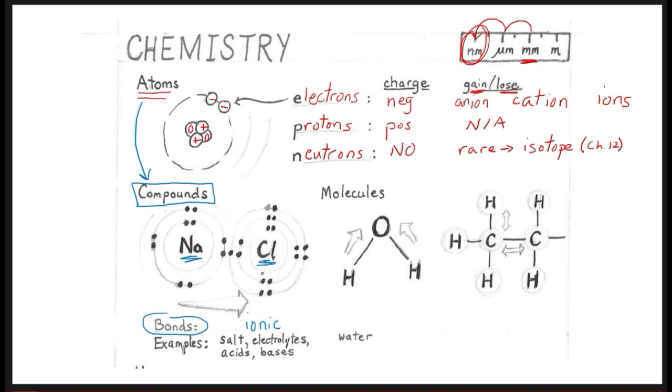This is table salt, sodium chloride. If you remember, each of these shells, these little circles, holds electrons. The first one holds 2, the next one holds 8, and the one around that can also hold 8. We have 2, then 8, then 8.